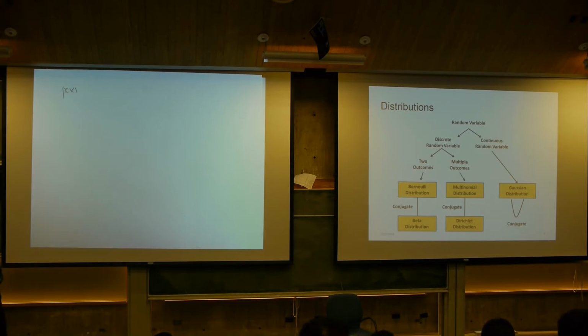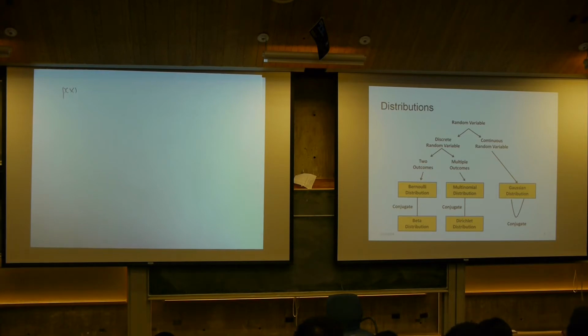Beta distribution, as far as I know, in machine learning, it is mostly used as a conjugate pair of the Bernoulli distribution. And for the Dirichlet distribution, it is usually used as a conjugate pair of the multinomial distribution. For conjugate pair, we are going to talk about later.